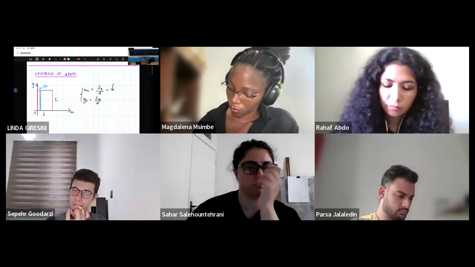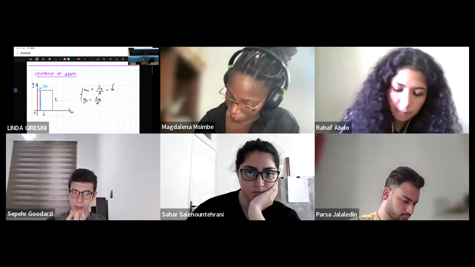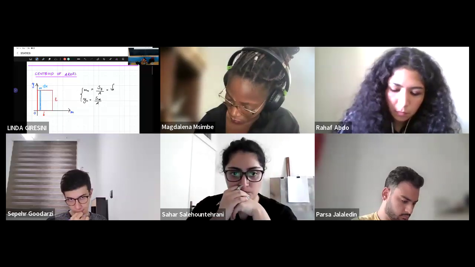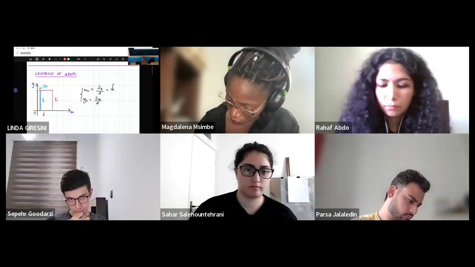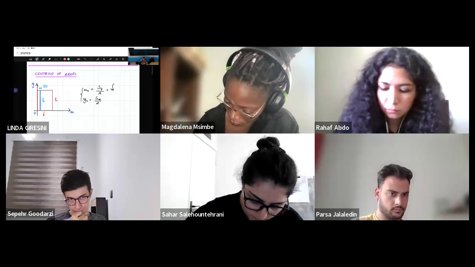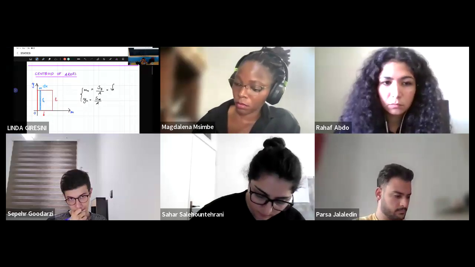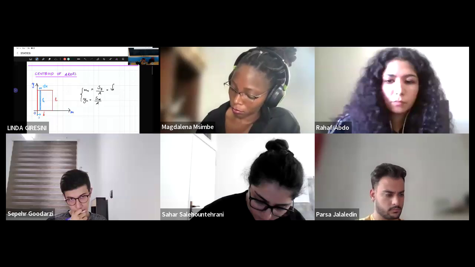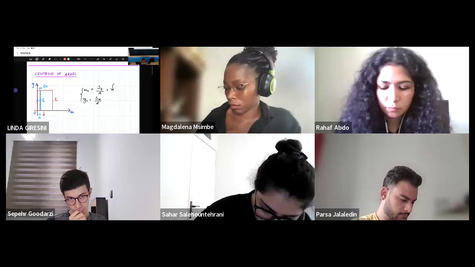So the static moment is the sum of each strip of area dx times h, multiplied by its distance from the axis. This is the generic x, and therefore this distance is x.